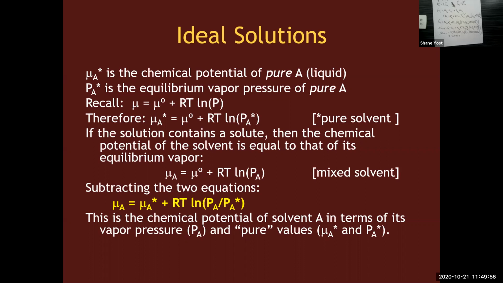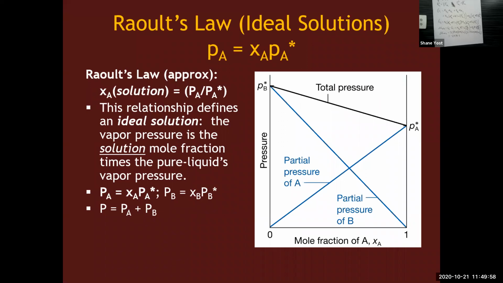All right. So for an ideal solution, we are going to assume that the liquid obeys Raoult's law, which you may or may not have been told about in general chemistry or some other types of chemistry. How many people have heard of Raoult's law? A couple. I know I don't mention it in my Gen Chem class.